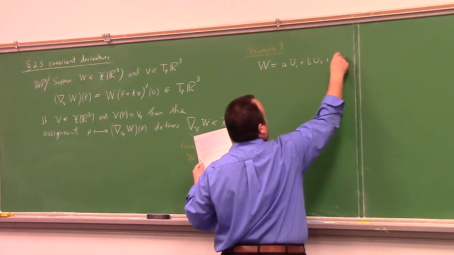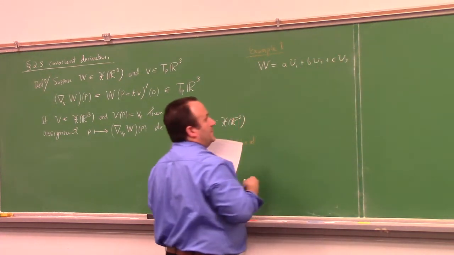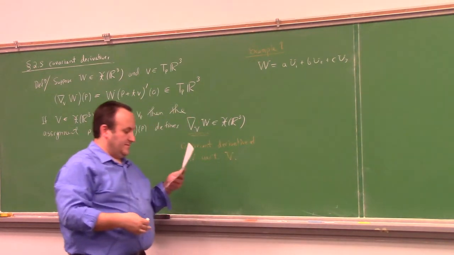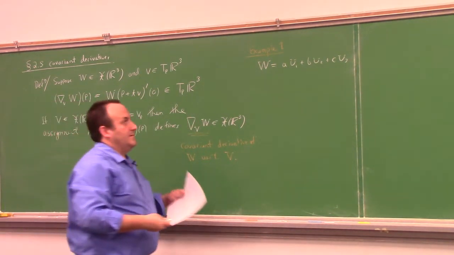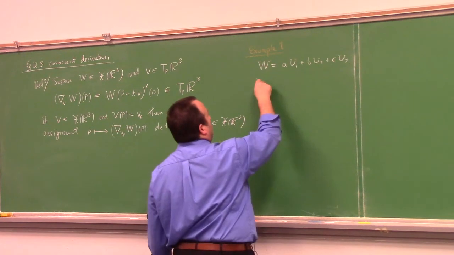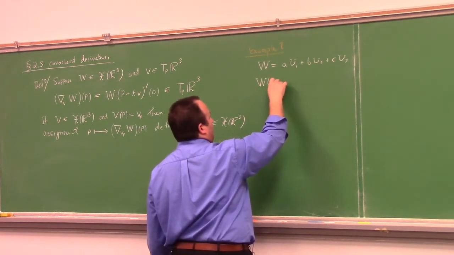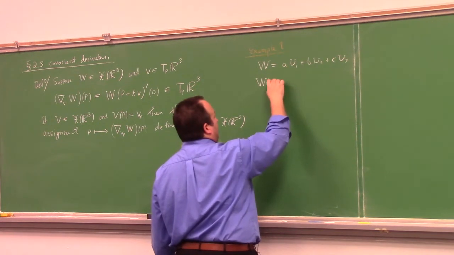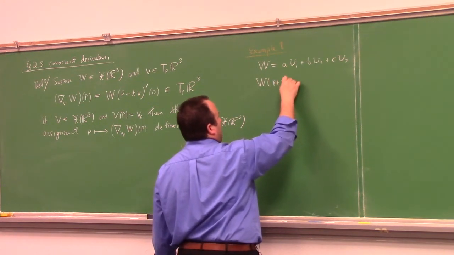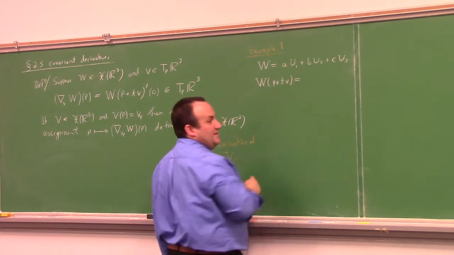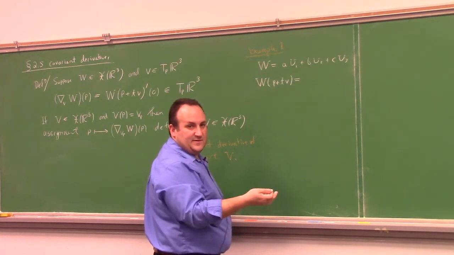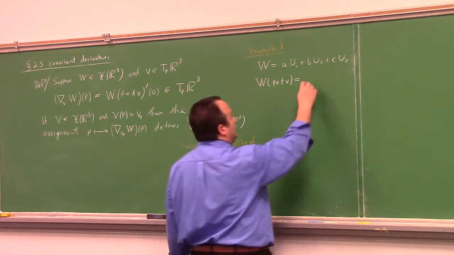If you take a constant vector, and you evaluate the constant vector field at the path P plus tv for any v, well, nothing happens, right? When you evaluate the constant vector field, you just get the constant vector field again.